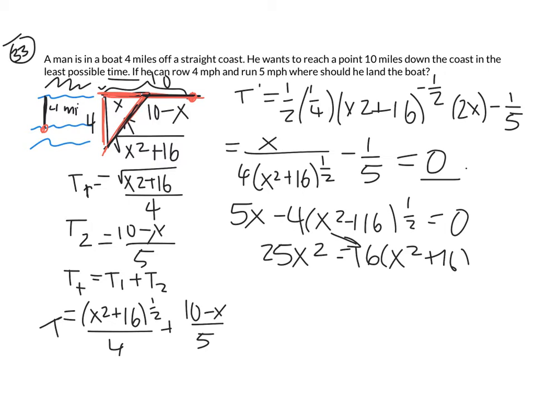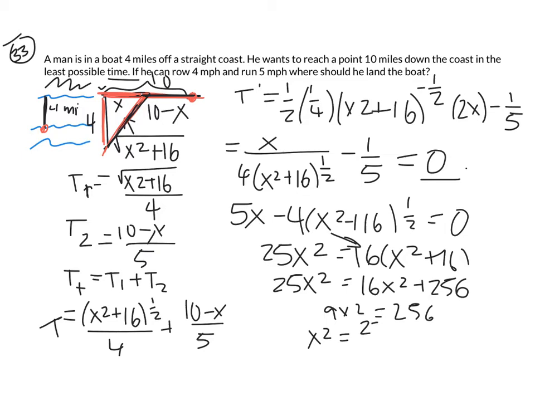So 25x squared equals 16x squared plus 256, so 9x squared equals 256, and x squared equals 256 over 9, so x is equal to 16 over 3.